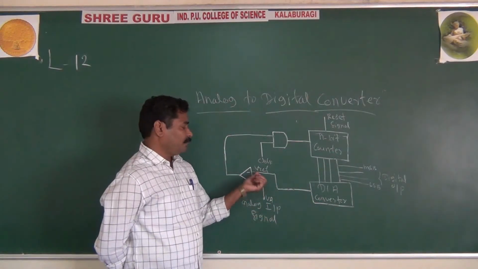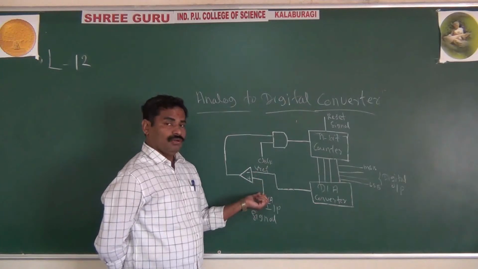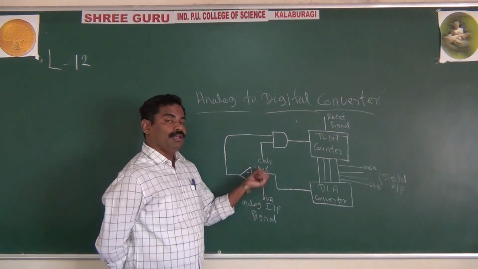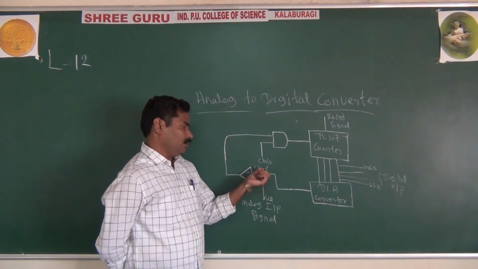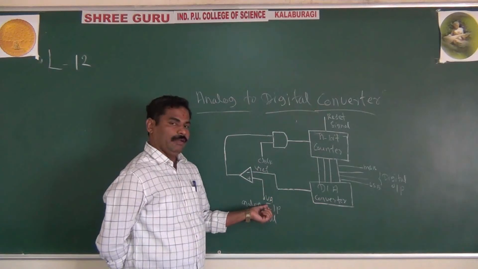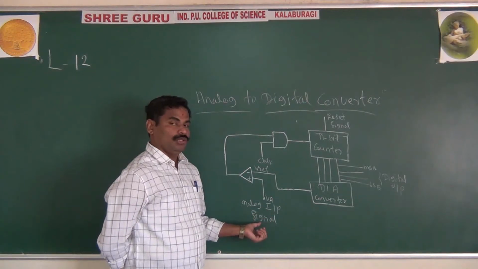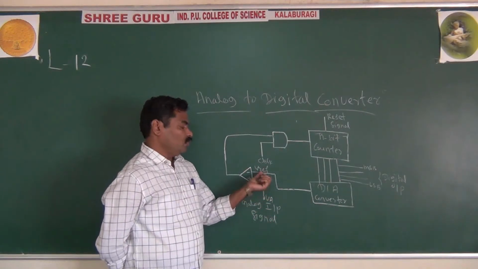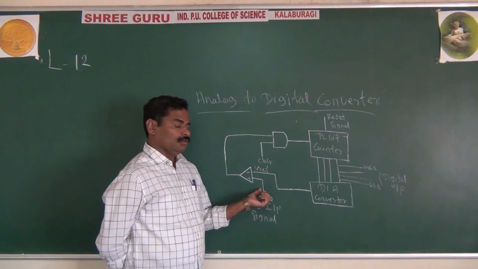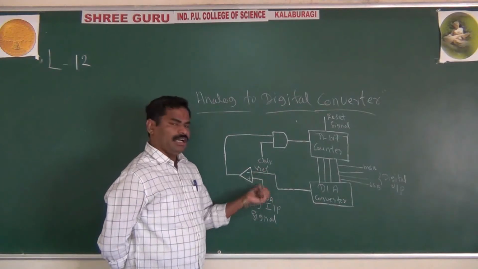As we know already, the comparator compares two signals. It may be this V reference and this VA, where VA is nothing but the analog input voltage. These two voltages are compared to see which one is greater.